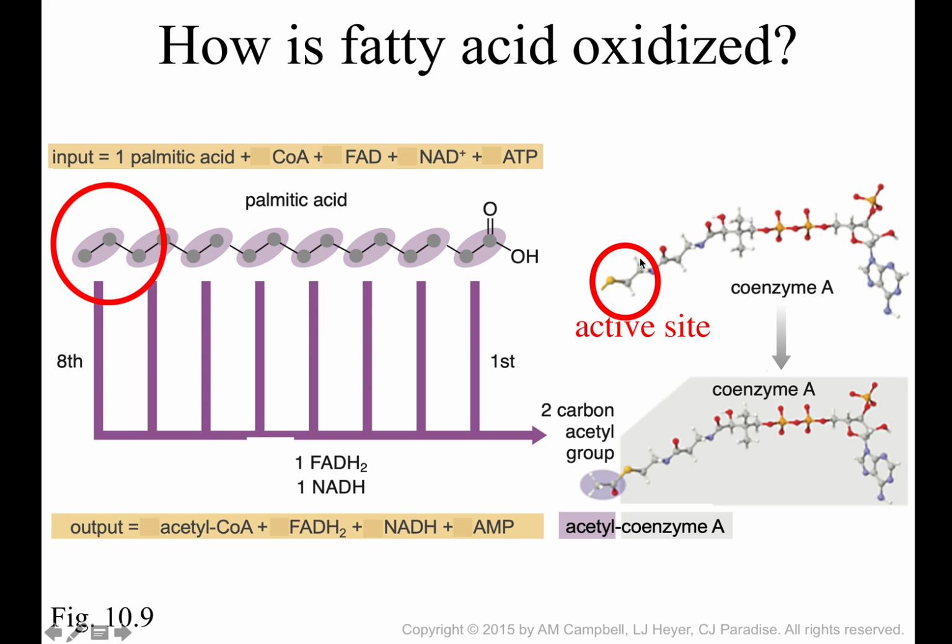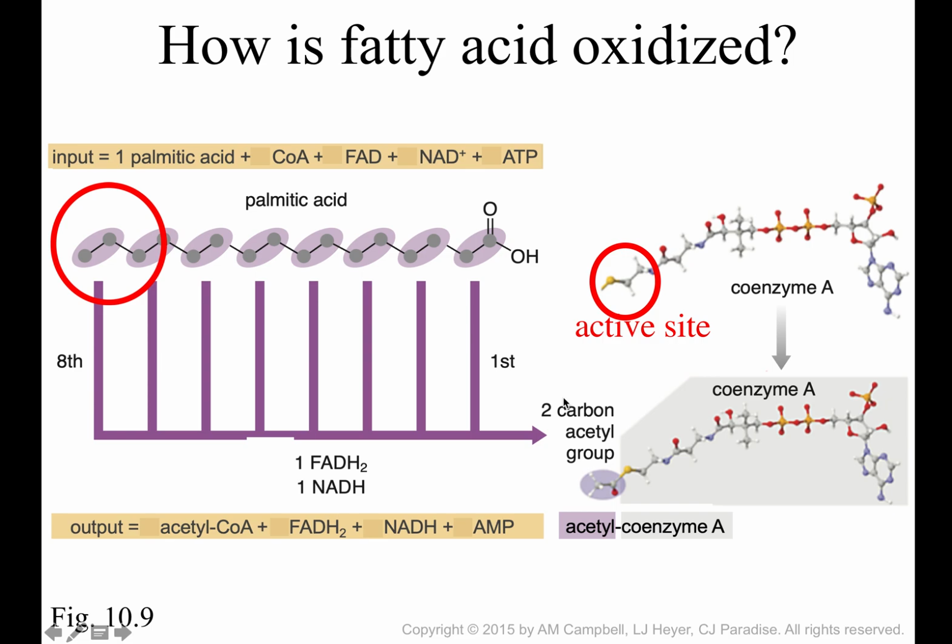So you'll remember that at the end of glycolysis, you ended up with a pyruvic acid molecule in stage 1, and then in stage 2, you remove one of those carbons, breathe it out as CO2, and you take those 2 carbons and attach it to CoA. For a fatty acid molecule, you can take off 2 carbons at a time and attach it to CoA.